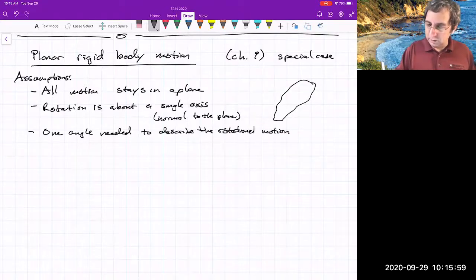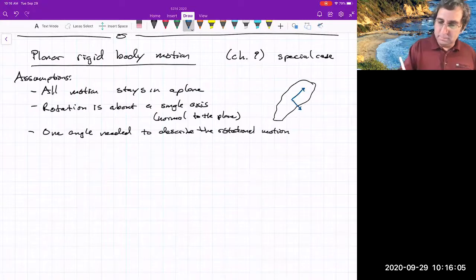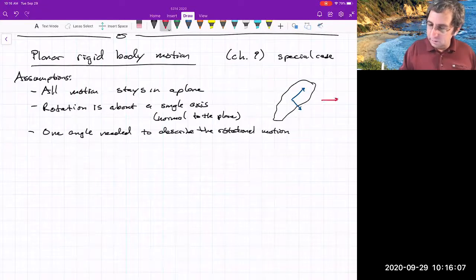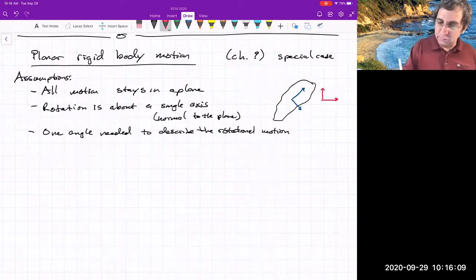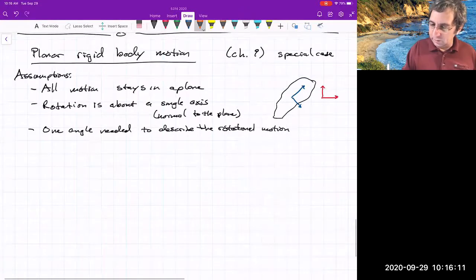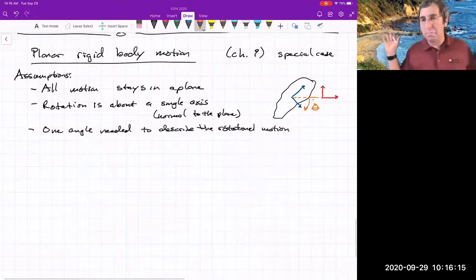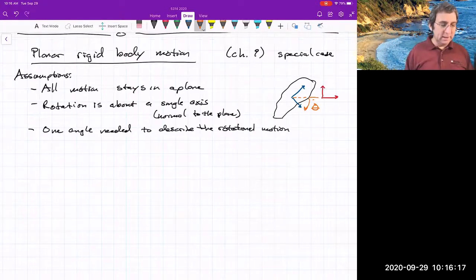So maybe if I have some body fixed frame here, then with respect to some inertial frame, I only need one angle, like this angle. One angle is needed, okay?